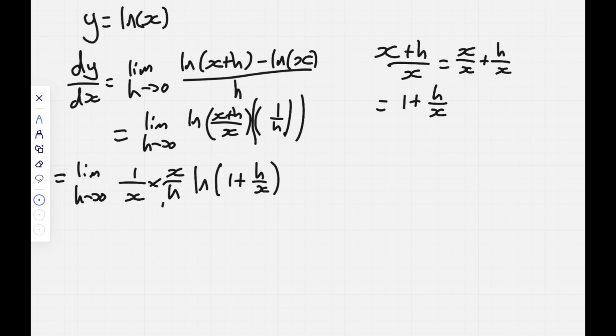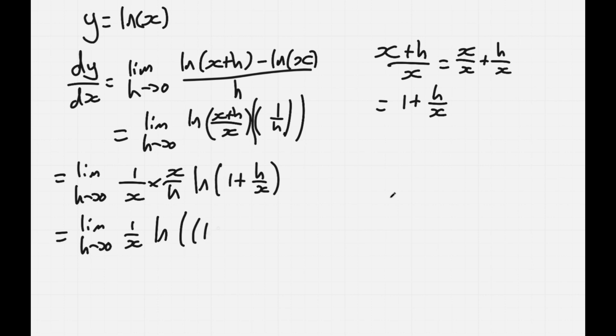I can then use the power rule. If I've got a coefficient of a logarithm, it's the same as bringing it to the power. So it's going to be the same as the limit as h approaches 0 of 1 over x times ln, and this is the tricky part, (1 plus h over x) all to the x over h.